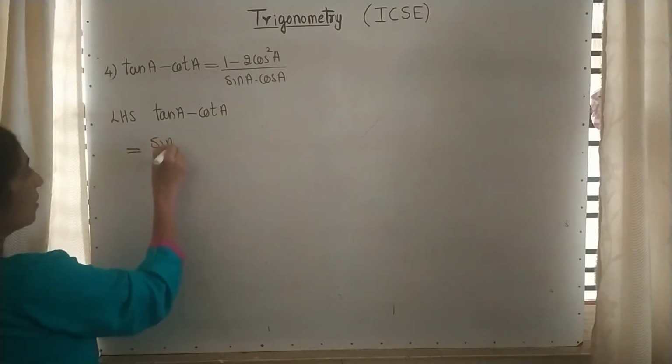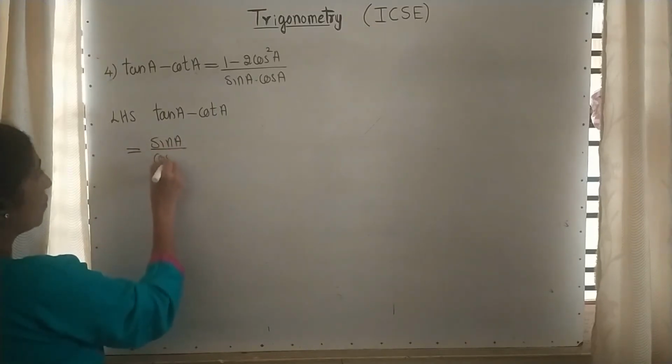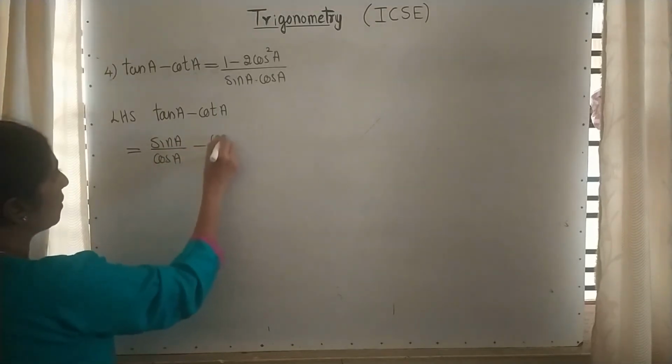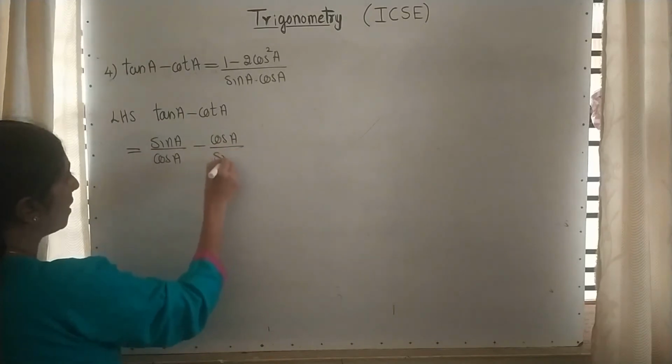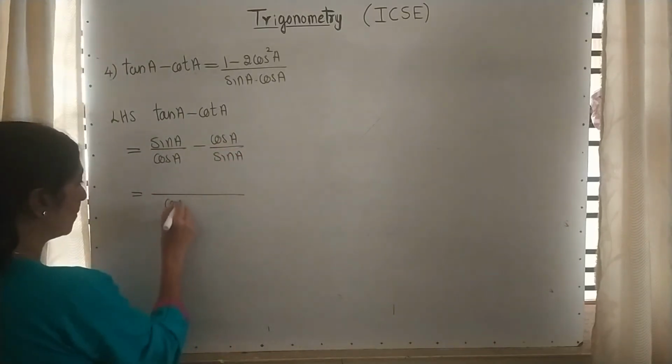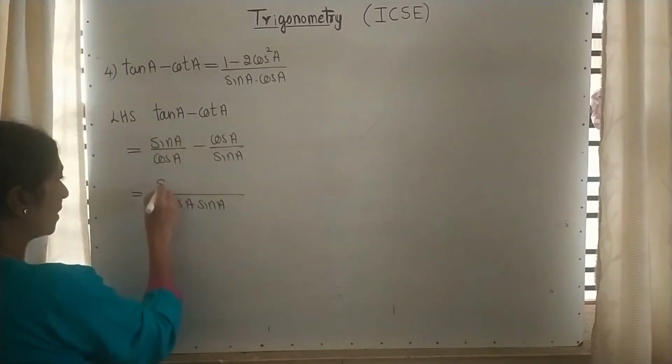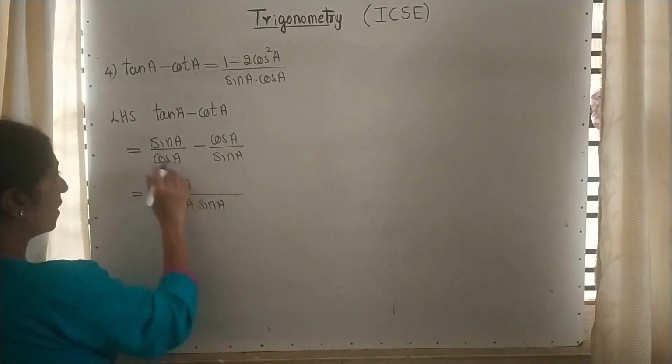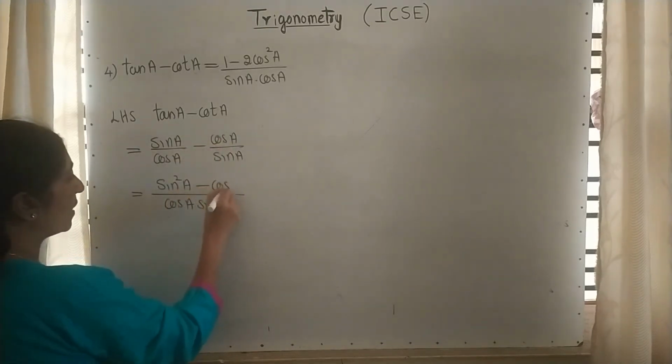Tan is sin A upon cos A, cot is cos A upon sin A. Take the LCM. LCM is cos A into sin A. This sin is multiplied here and this cos is multiplied here.